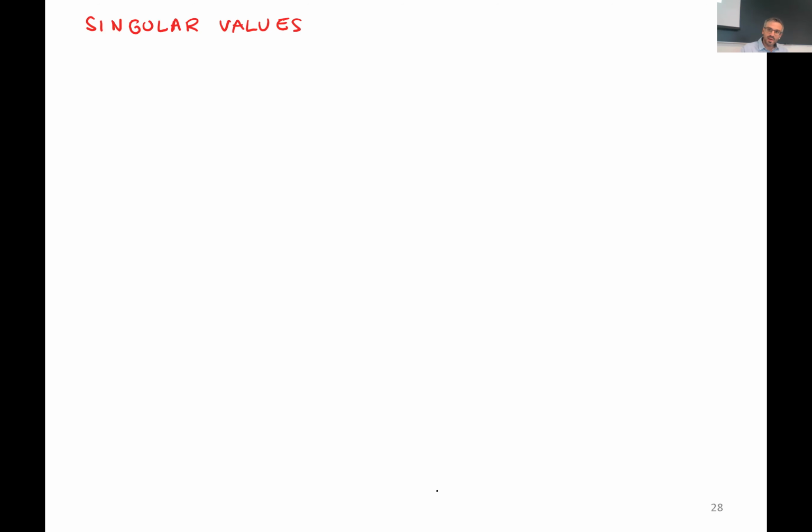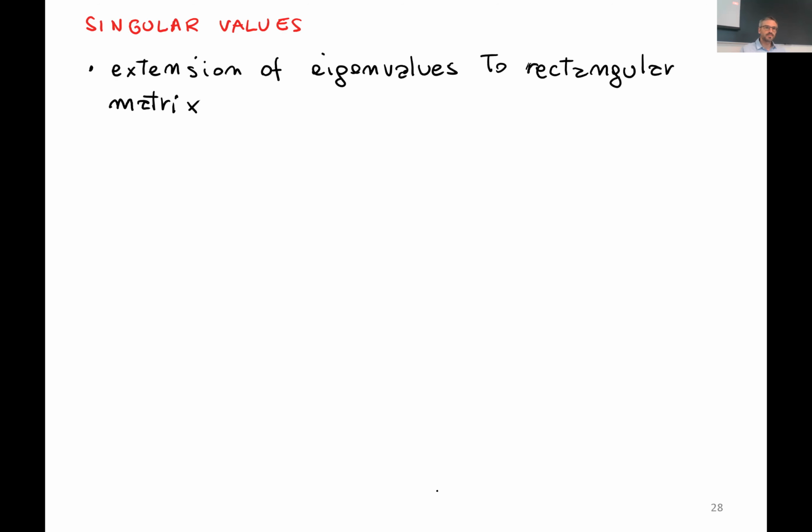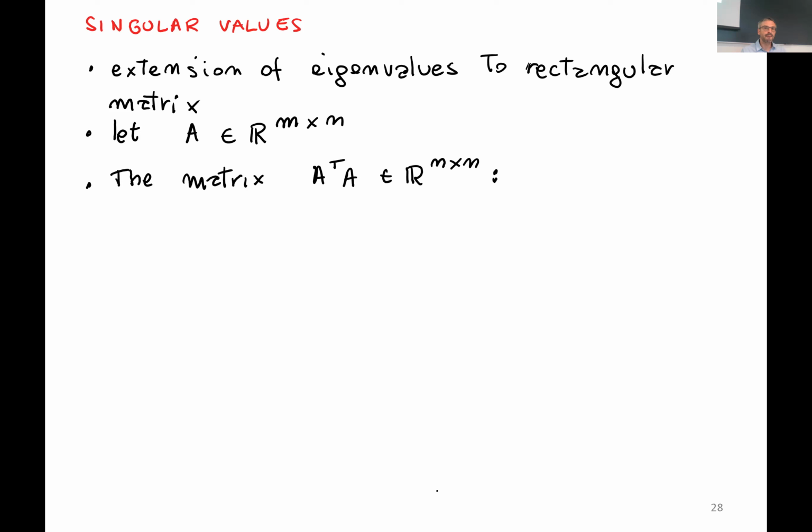Then I talk about the singular value decomposition, but since we will use them, it's important also to talk about what singular values are. Singular values are just the extension of the eigenvalue to the rectangular case. So let's think about a matrix A, m times n.